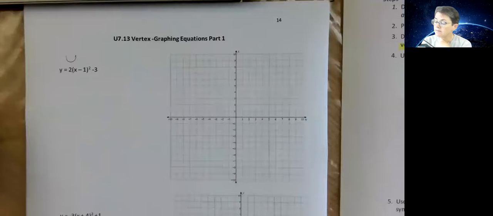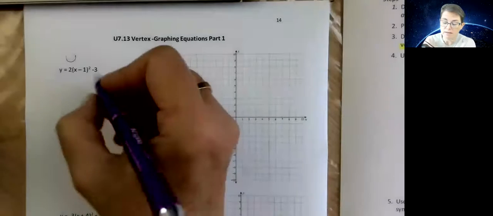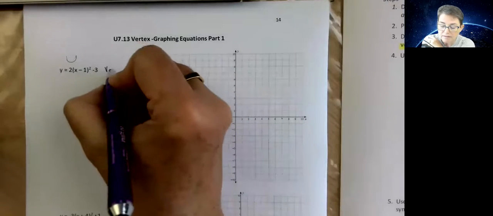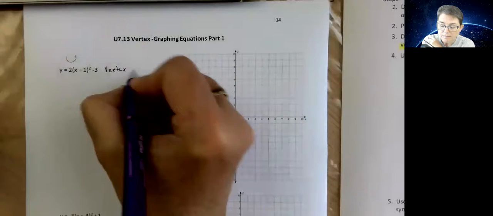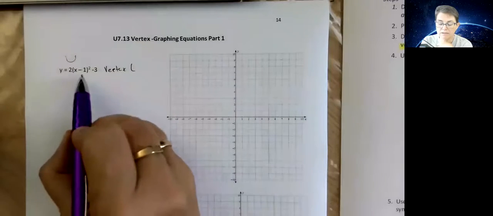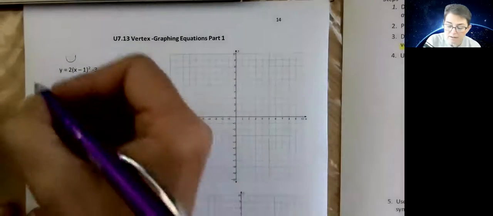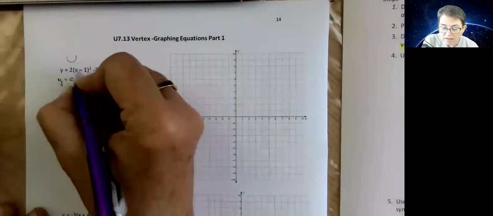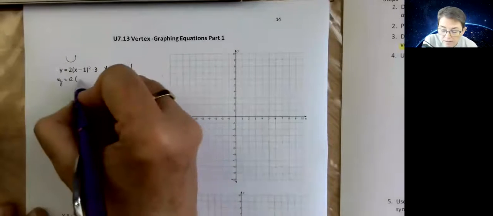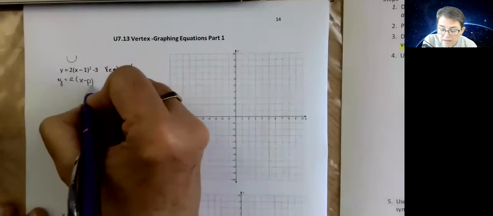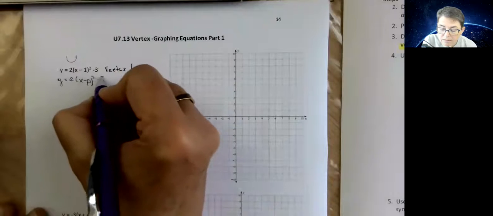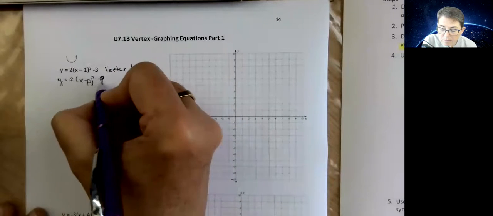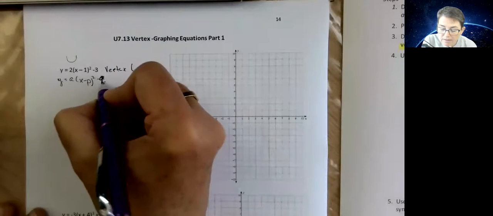The second step says find and plot the vertex. One thing I usually do is put this on top, but I drew my smiley face there. Mine is Q, sorry about that.